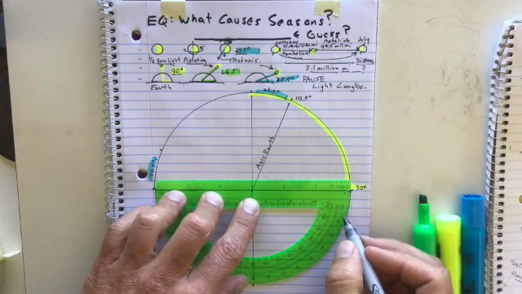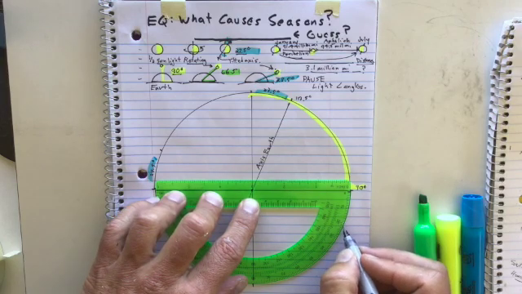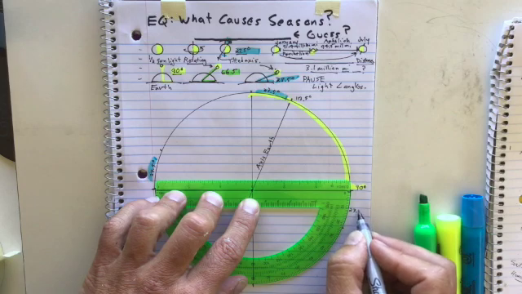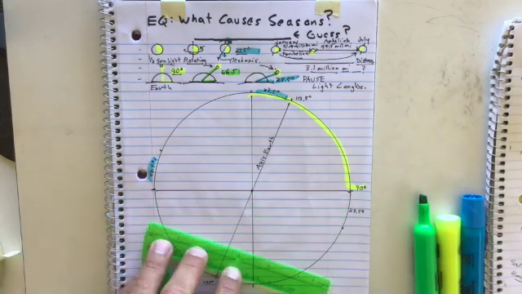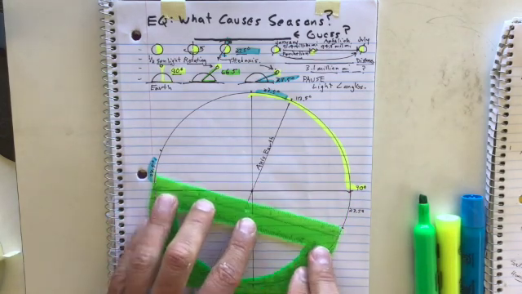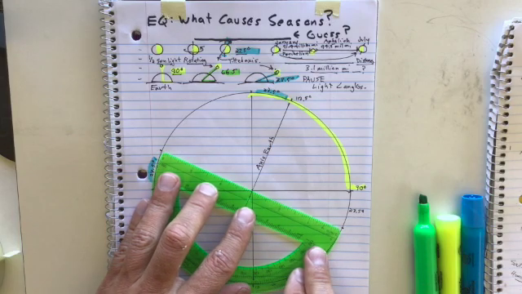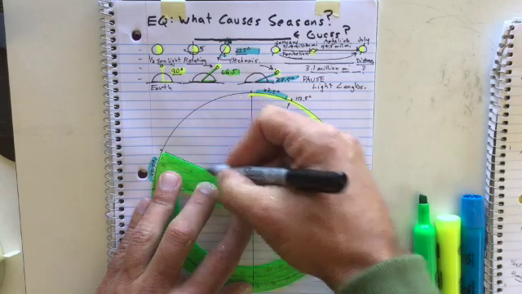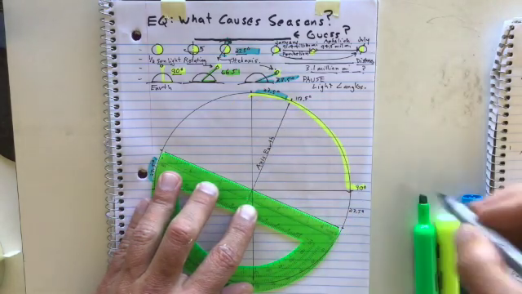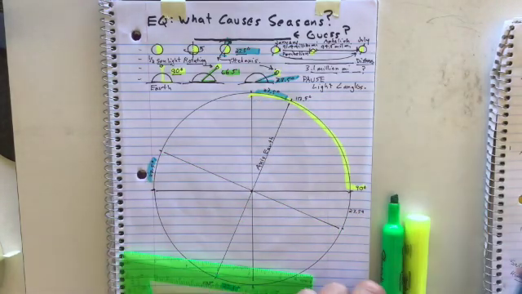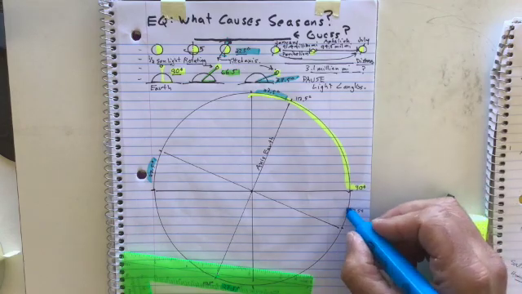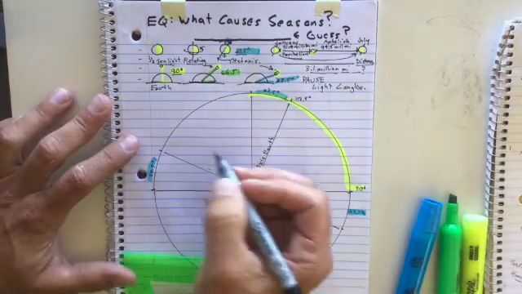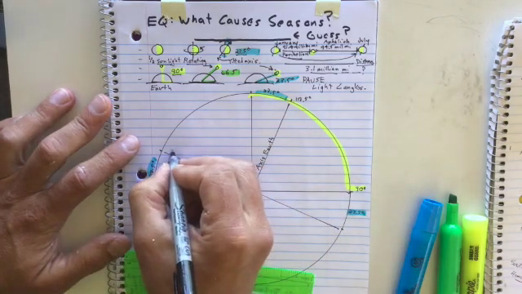We've got 0, 10, 20, 1, 2, 3, 23 degrees again. And we're going to use our protractor like a ruler again. We're going to connect these two measurements. Okay, now after doing that, we have just laid out the equator.